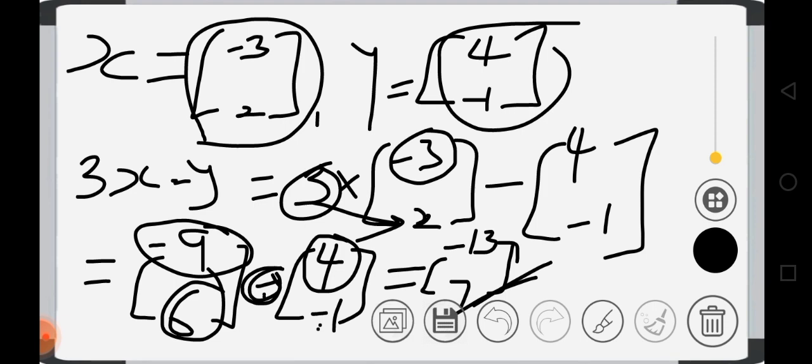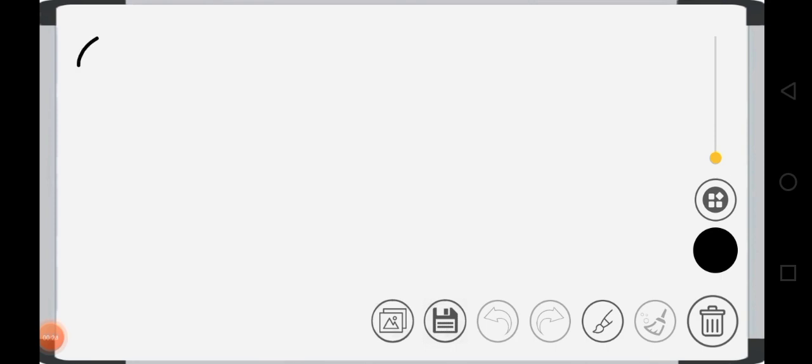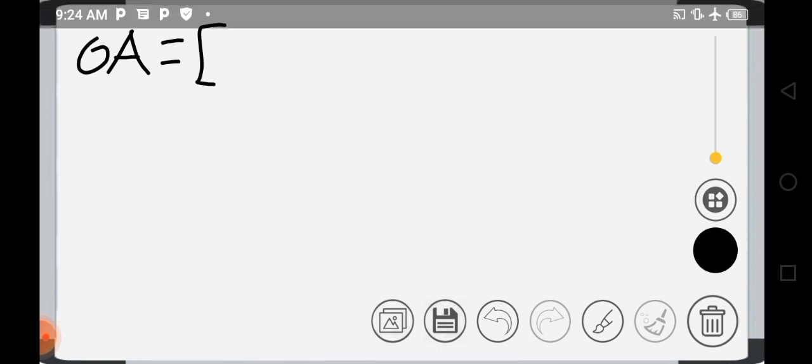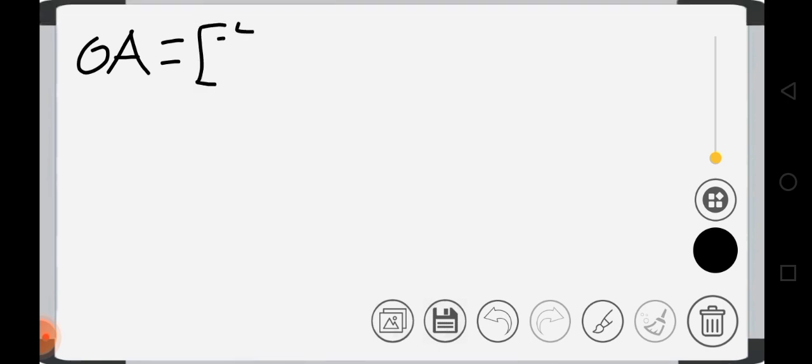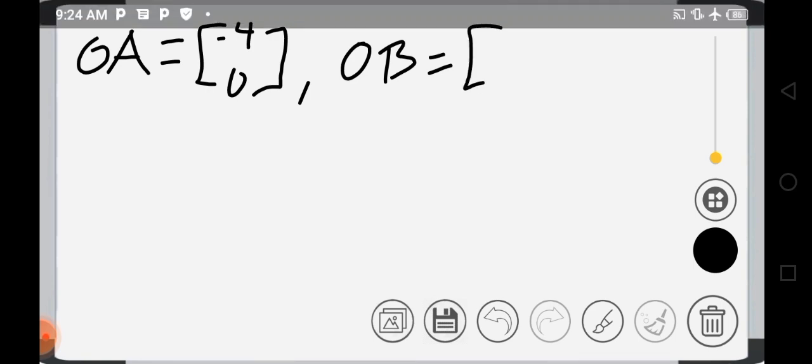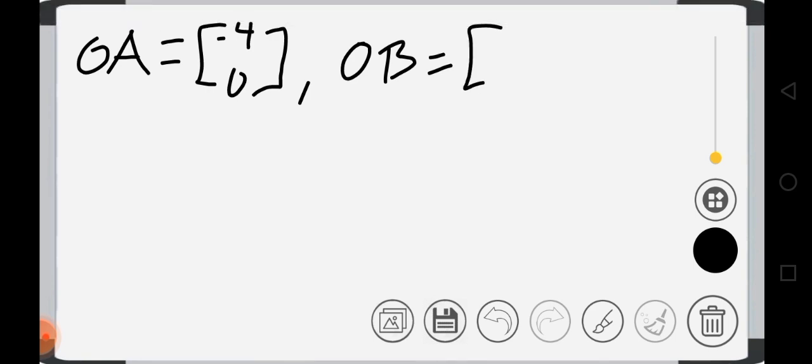Then let's look at this. If OA is equal to minus 4, 0, and OB is equal to minus 2, minus 2, find AB.